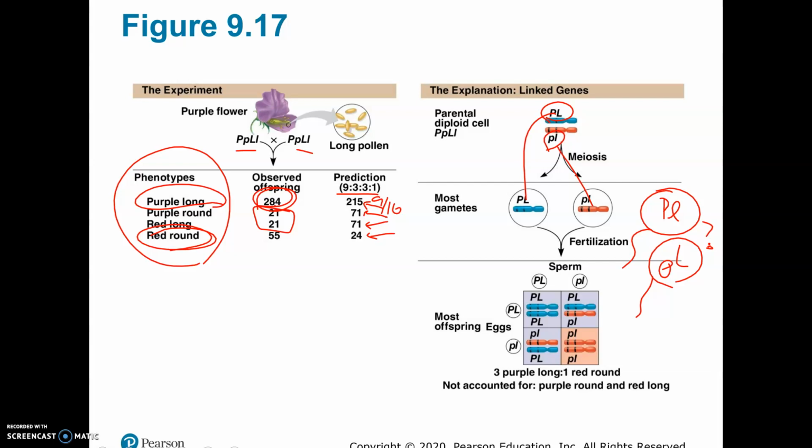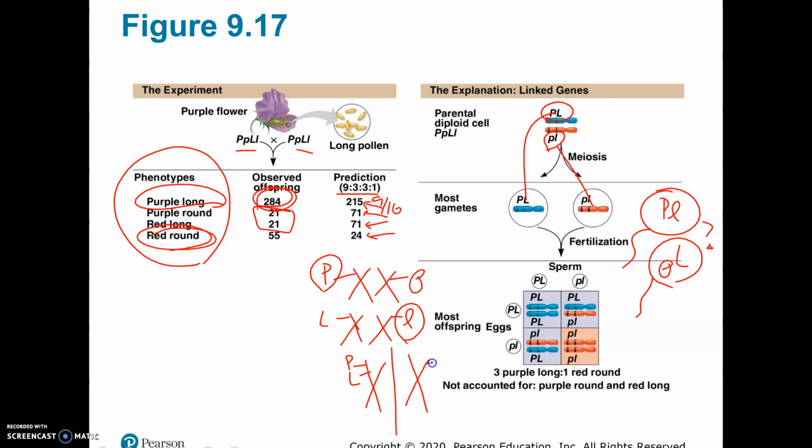They do not follow Mendel's rules of independent assortment because, remember, if the chromosomes separate independently of each other, well, sure, then if P and L are on two different chromosomes, you could get any combination of big P with little l, big P with big L. But if P and L are on the same chromosome, then when the chromosomes separate, you're always going to get big P with big L together and little p with little l together.